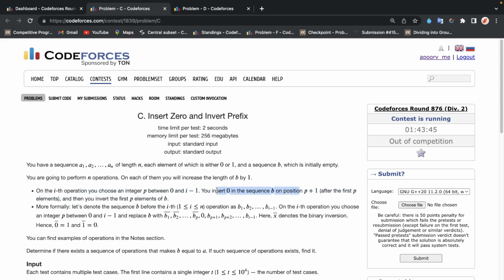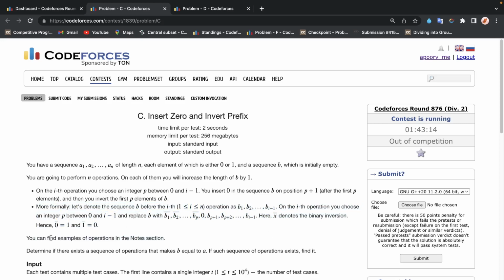You insert 0 in the sequence B after the first P elements, and then you invert the first P elements of B. Here, invert denotes the binary inversion.